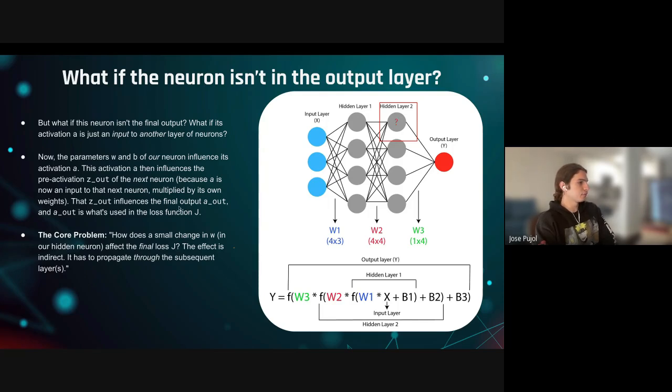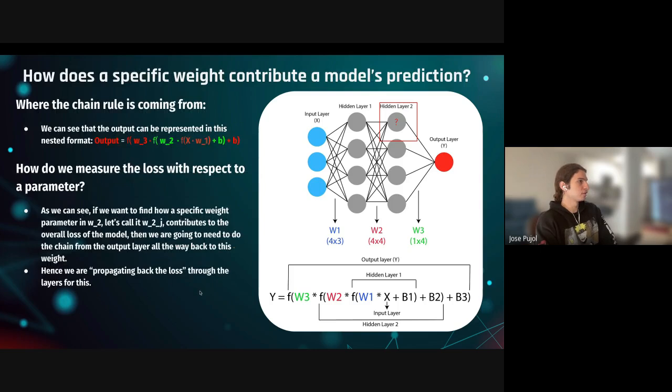And that Z out influences the final output, A out, which is what's used in the loss function J. So the core problem is, how does a small change in W in our hidden neuron affect the final loss, J? The effect is you have to propagate this backwards. We'll see that right now.